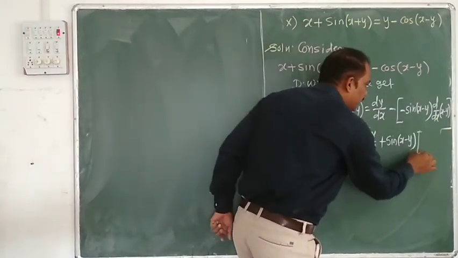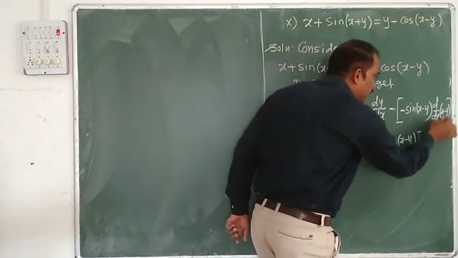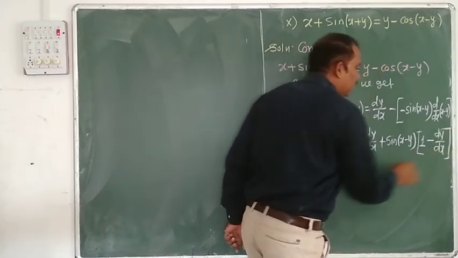So we can write in the bracket: derivative of x with respect to x is nothing but 1 minus derivative of y with respect to x, which is dy by dx.